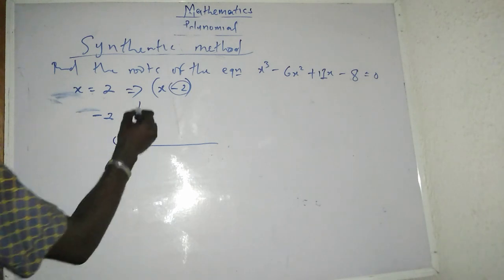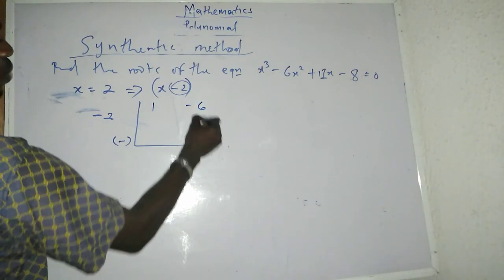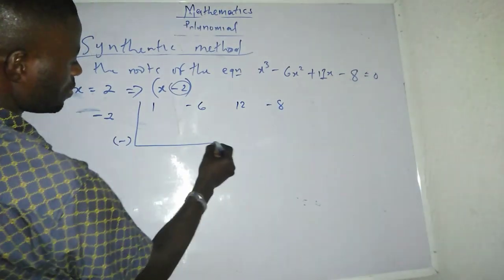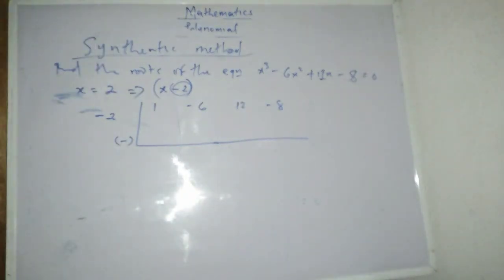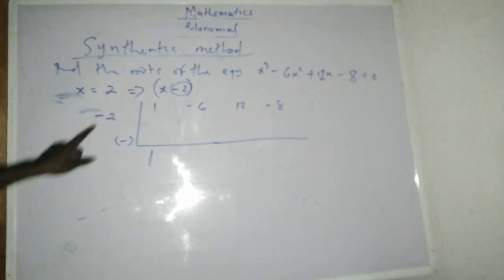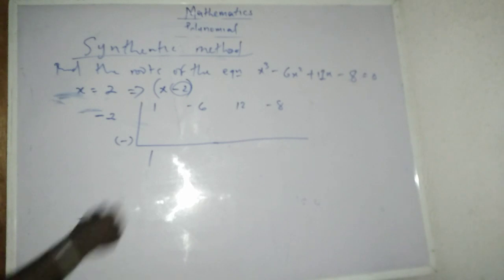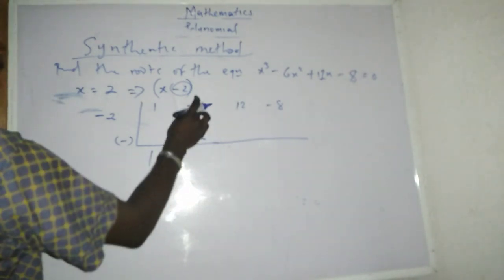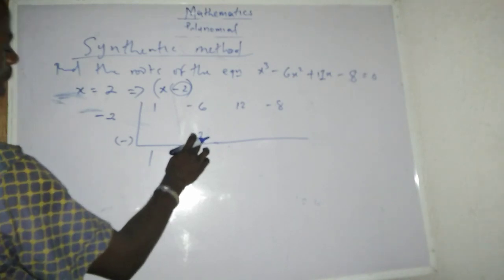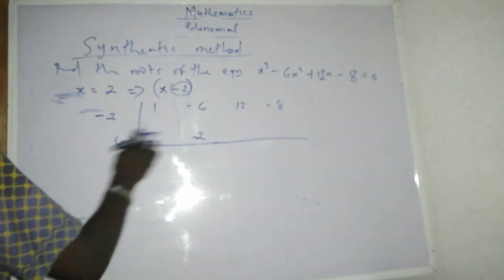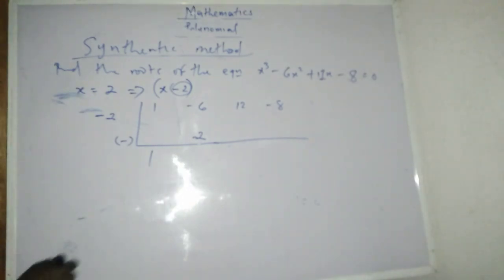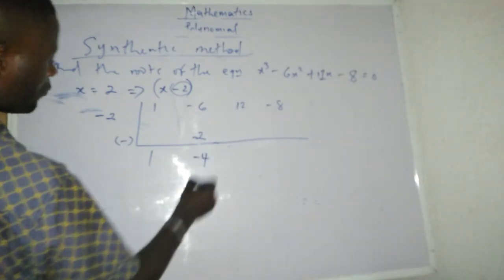Now I will have 1, minus 6, 12, and minus 8. I bring down the first number, which is 1. Minus 2 times 1, I will have minus 2. Minus 6 minus 2 is going to be minus 4.